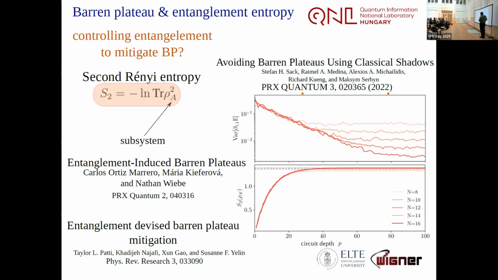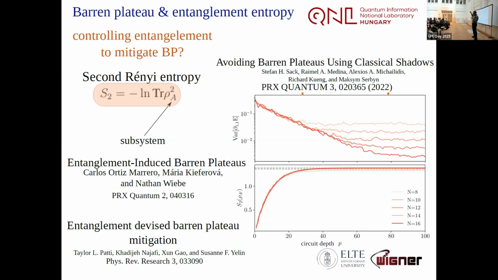Several studies in the literature also pinpointed a relation between the Barren plateau and the entanglement of the system. It means that in a quantum processor, you have many qubits, and these qubits can become entangled with each other. And as soon as this entanglement between the qubits becomes high, it is more and more likely that you are getting onto a Barren plateau.